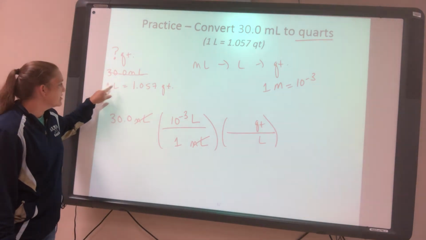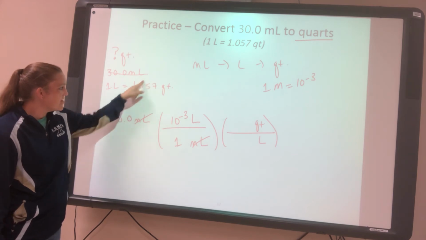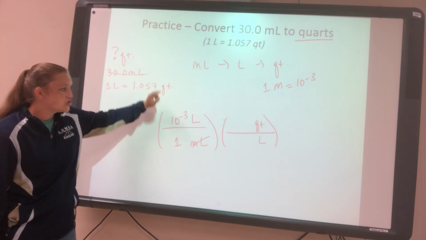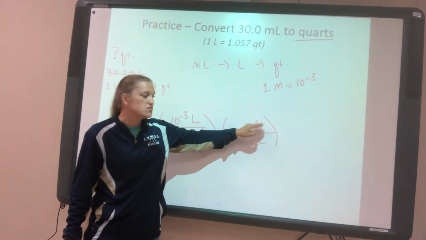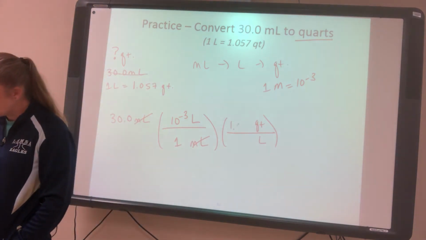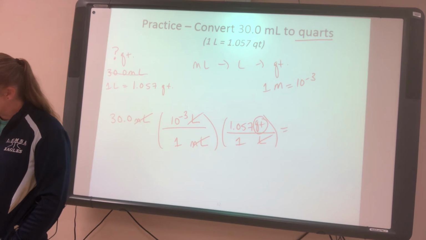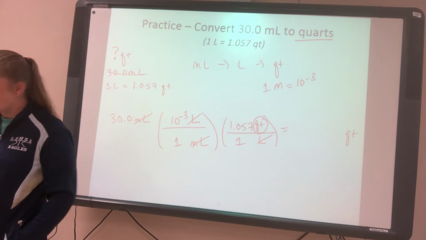So I've got 1 liter and 1.057 quarts. So this 1.057 has to go with quarts. Wherever I put the quart, that's where I put the 1.057. Liters cancel, so the only unit I have left is a quart. So I know that my unit is a quart.